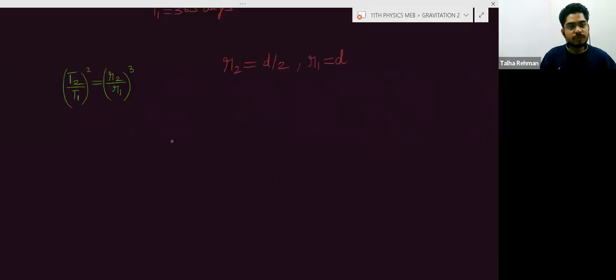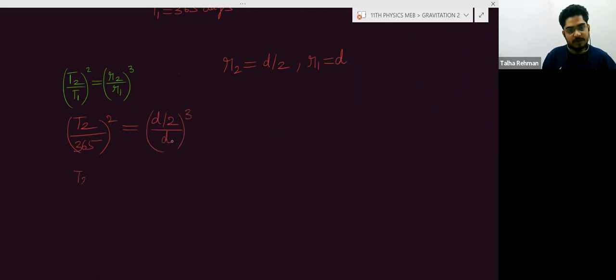T1 is given as 365 days, and this is equal to R2 by R1 cubed, where R2 is d by 2 and R1 is d.